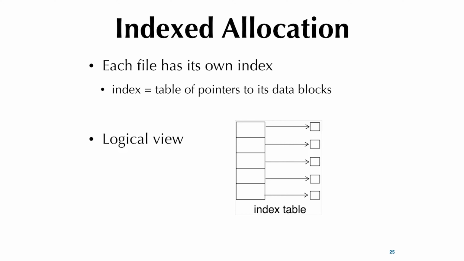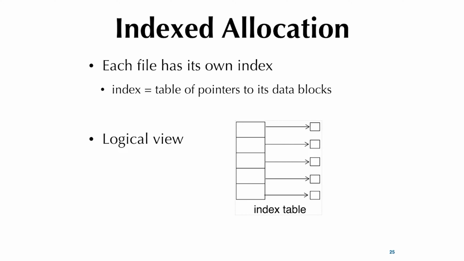But index allocation says, I don't want to put all of this stuff in one giant table. Instead, per file, I might want an index table. A lot like how your page table works: one process, one page table. Here, one file, one index table.